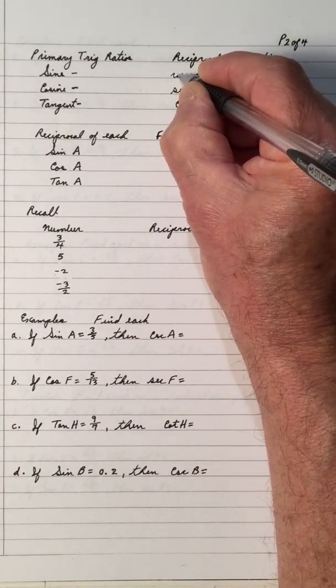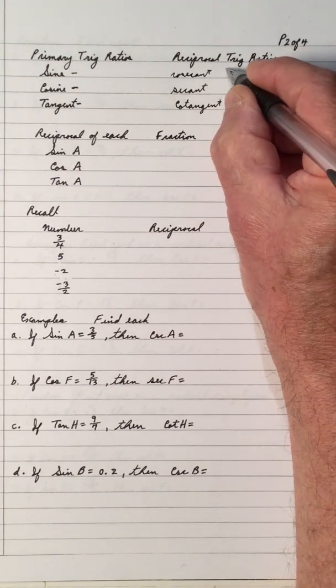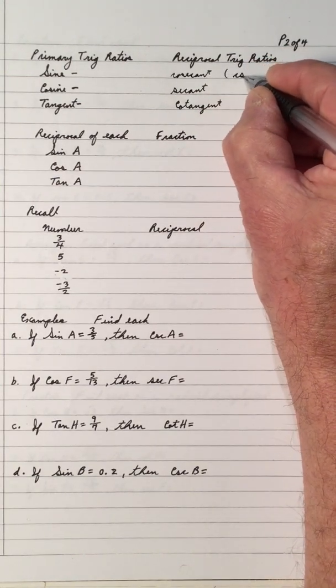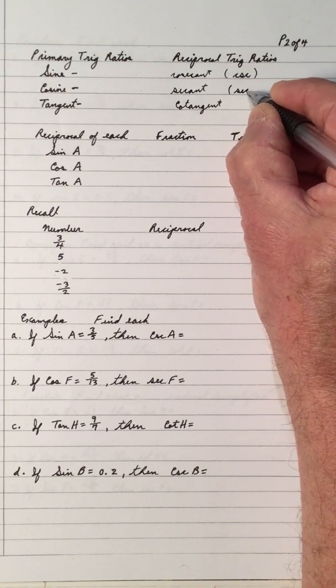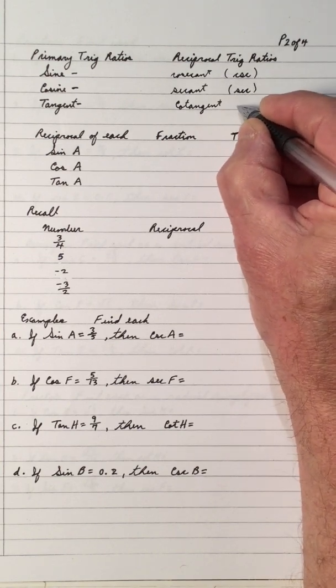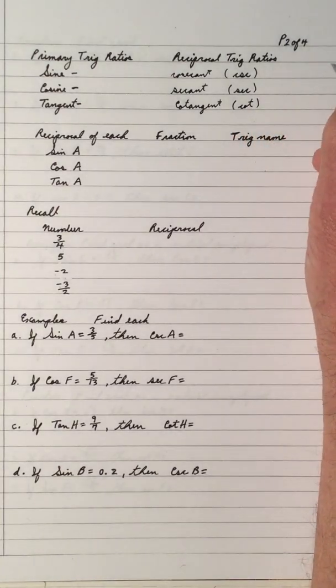Cosecant is denoted by CSC, secant is SEC, and cotangent is COT as an abbreviation.